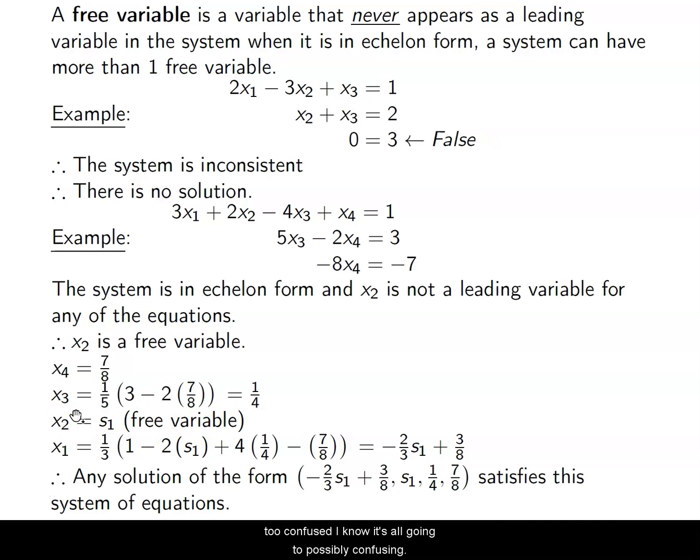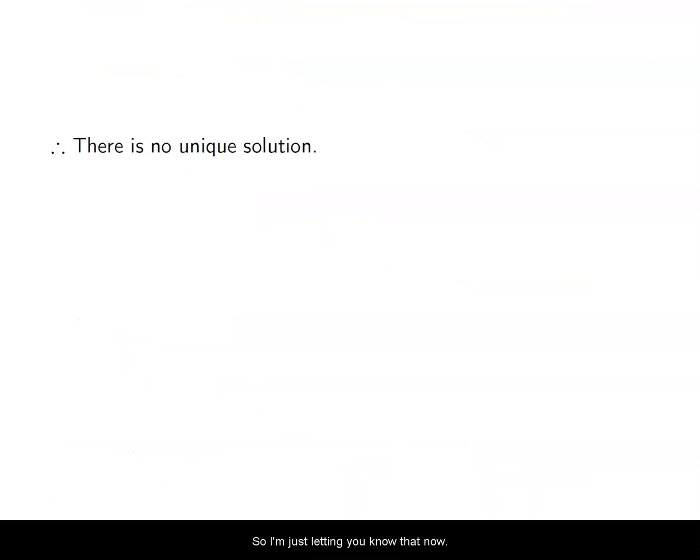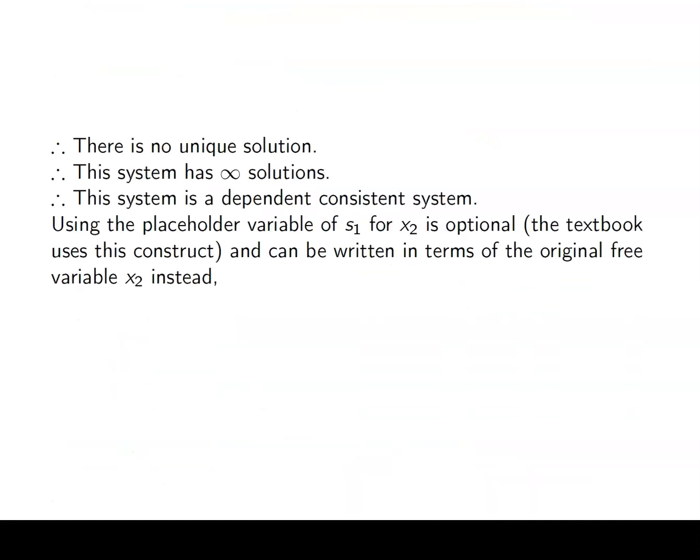I know it's already kind of possibly confusing with all these new terms and notations. But I will not be using the s1, s2, s3 format. I will be just using those variable names that are already given to the variables. I think it's simpler that way. Again, that's how I was taught. So that's what I'm going to go with. So that's going to be a little bit different from the textbook. So I'm just letting you know that now.